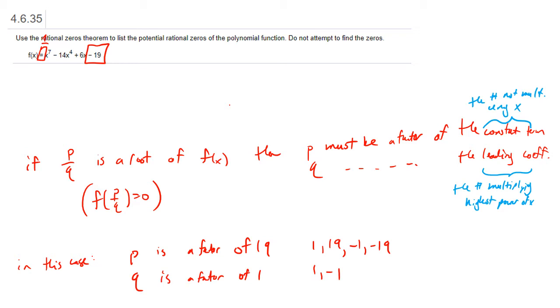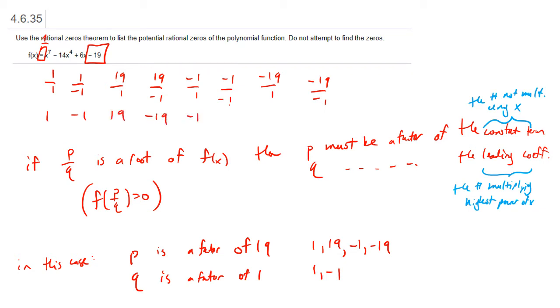So I like to be very methodical about this. I could have 1 over 1 or 1 over minus 1, 19 over 1 or 19 over minus 1, negative 1 over 1 or negative 1 over negative 1, negative 19 over 1 or negative 19 over minus 1. But you will notice there's some duplication here. So I have 1, negative 1, 19, negative 19, negative 1, 1, negative 19, and 19.